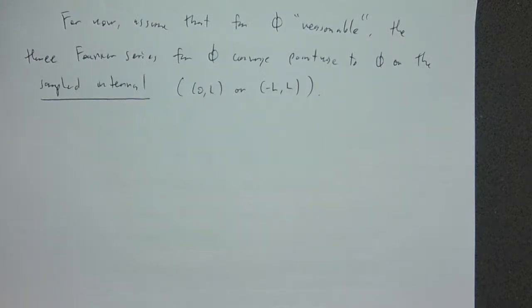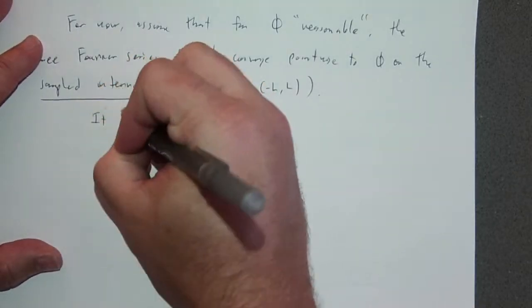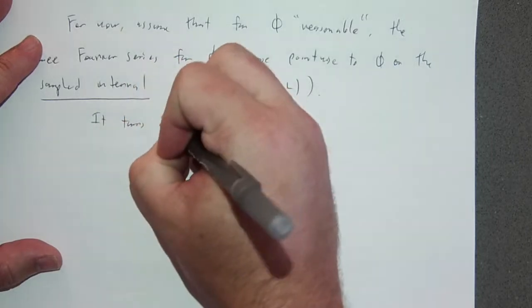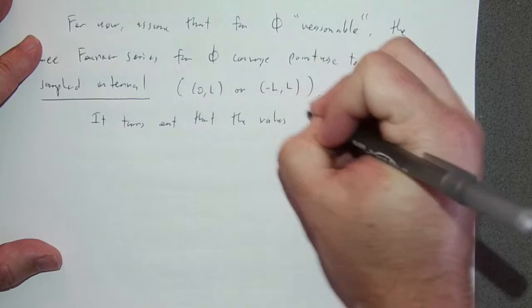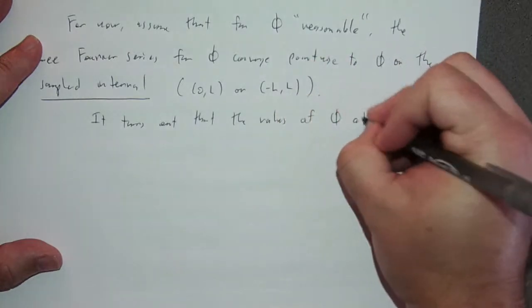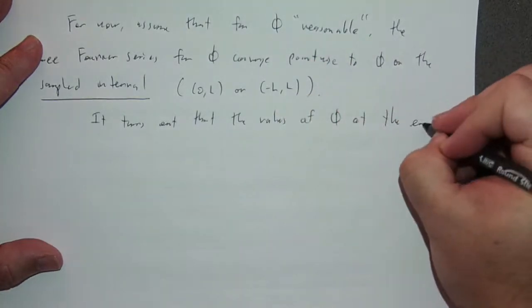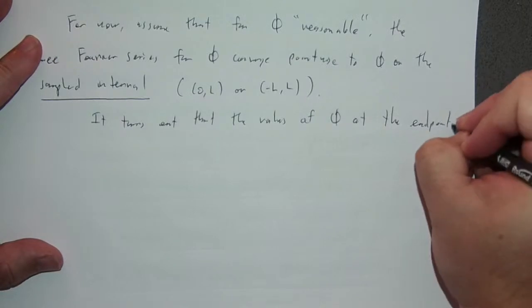Now, I mentioned at the very beginning, what about at the endpoints in question? So it turns out that the values of phi at the endpoints doesn't matter.